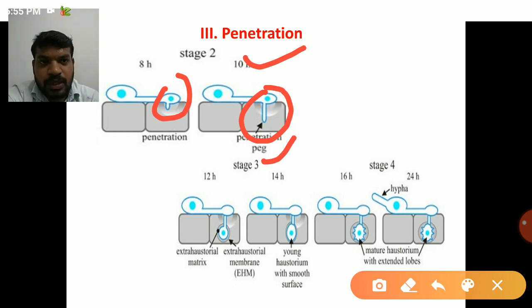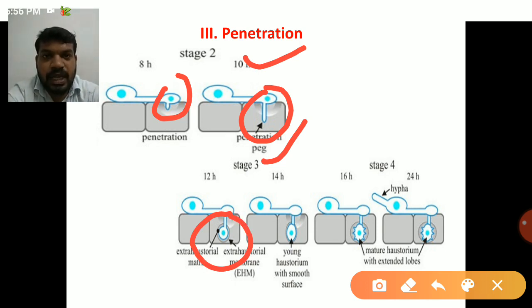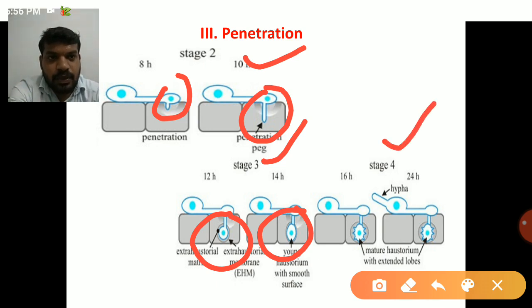Then at stage 3, the penetration peg produces the membrane of the haustoria, the haustorial initiation steps. After 14 to 15 hours, a young haustorium will be produced in the host cell. Next, at stage 4, after 16 hours, the mature haustorium is produced by the fungi, and it is ready to take nutrients from the plant.